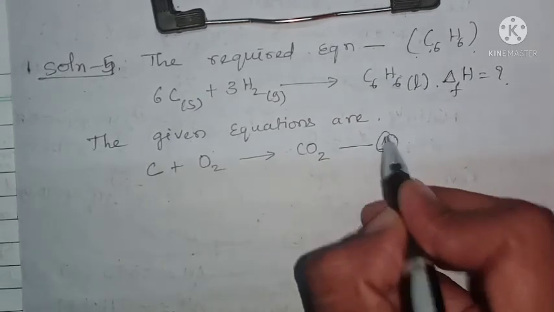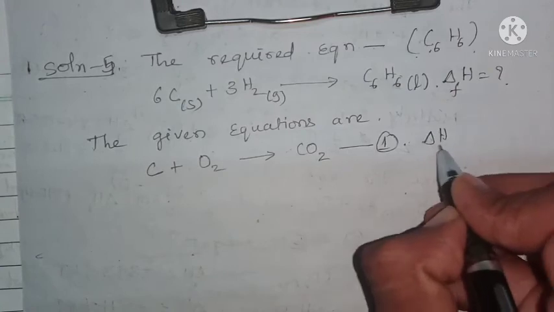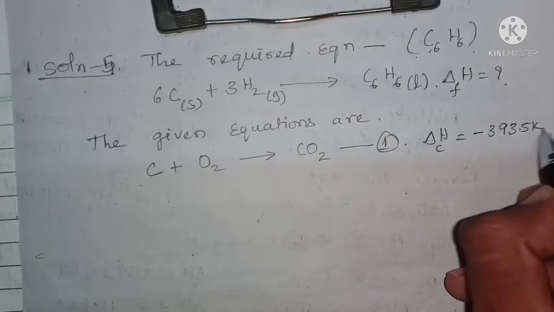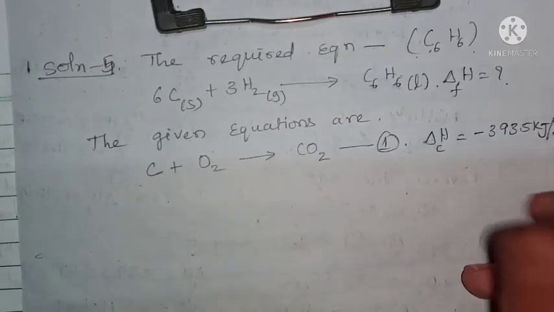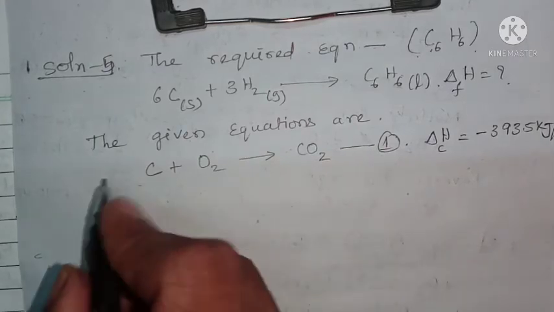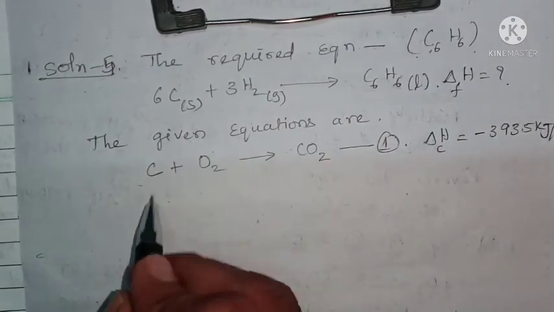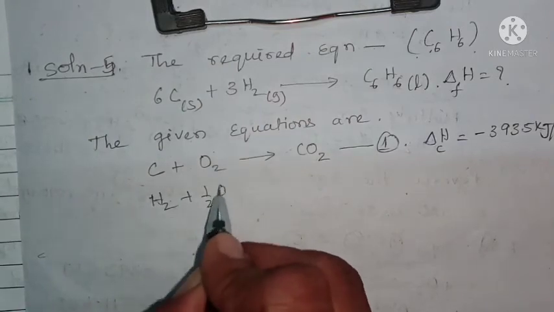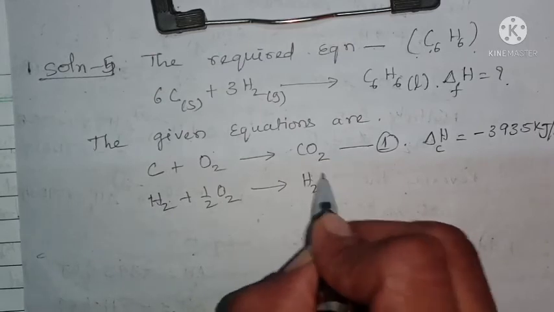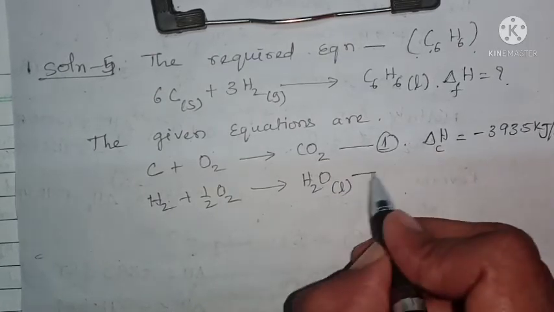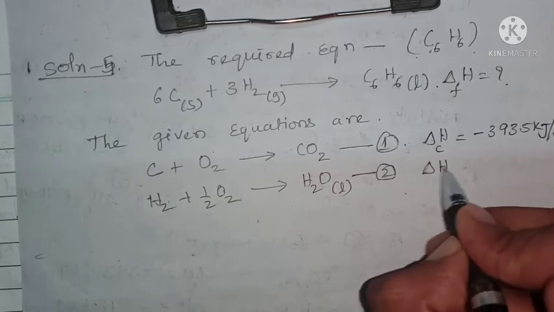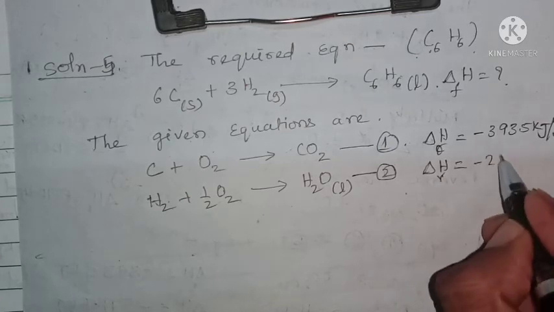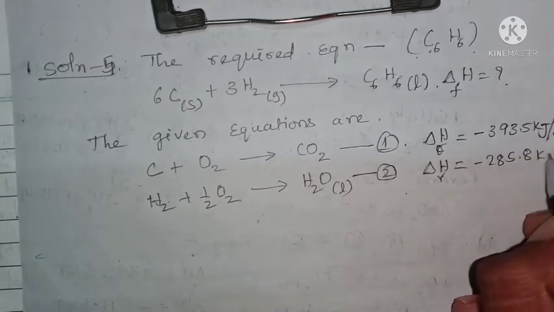This is equation 1, and delta H is nothing but minus 393.5 kilojoules per mole. Next, equation 2, that is hydrogen plus half molecule of oxygen gives H2O liquid, and enthalpy of this reaction is nothing but minus 285.8 kilojoules per mole.